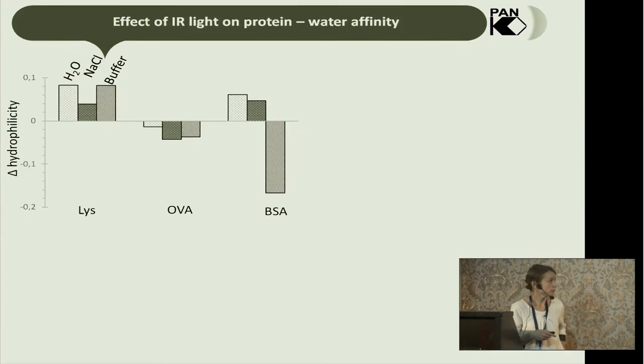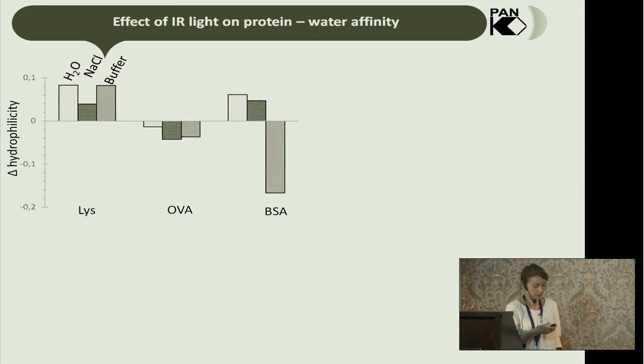And this is the graph that summarizes the results. We have been measuring changes in hydrophilicity of those protein-coated nanoparticles in response to infrared light. So on this graph, those positive changes mean that the proteins coating nanoparticles get more hydrophilic after exposure to infrared light. Now, negative changes mean that they, in fact, get more hydrophobic.